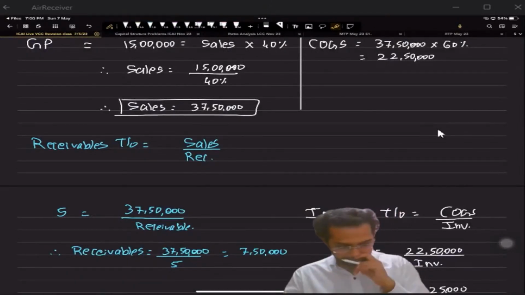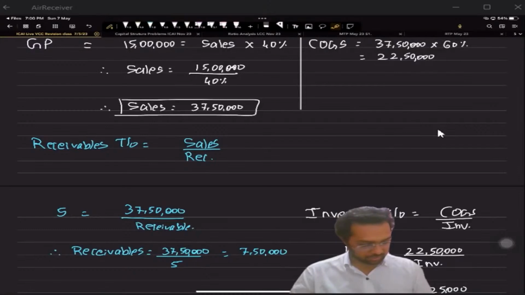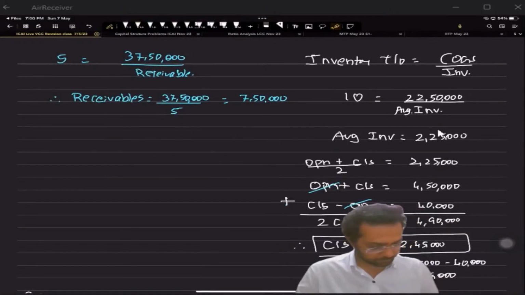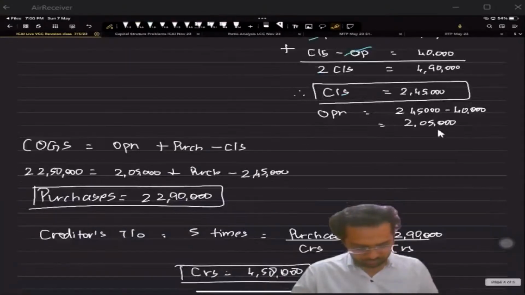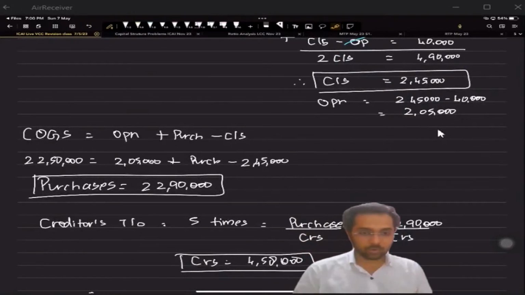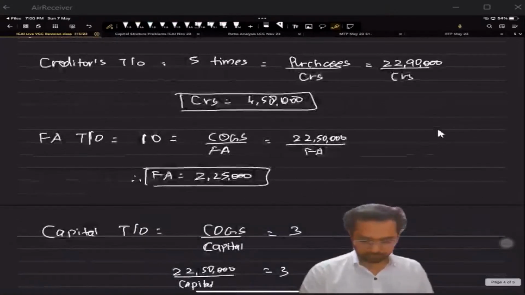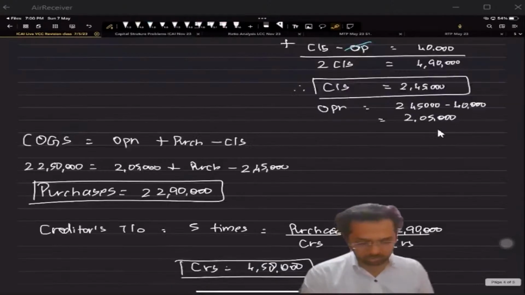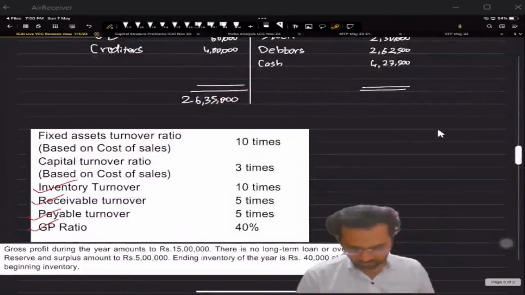Inventory will be COGS, so average inventory 225. You have 245 and 205. Okay. So purchases will be 22 lakh 90. 22.9 divided by 5, that's 4 lakh 58. And then you have the fixed assets also on the basis of COGS, right?